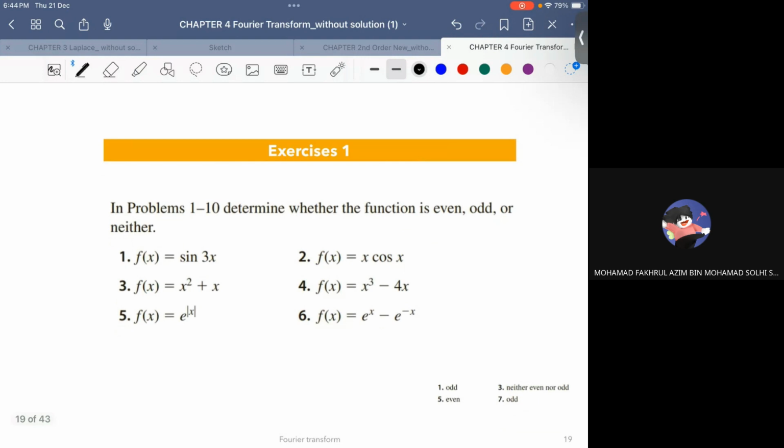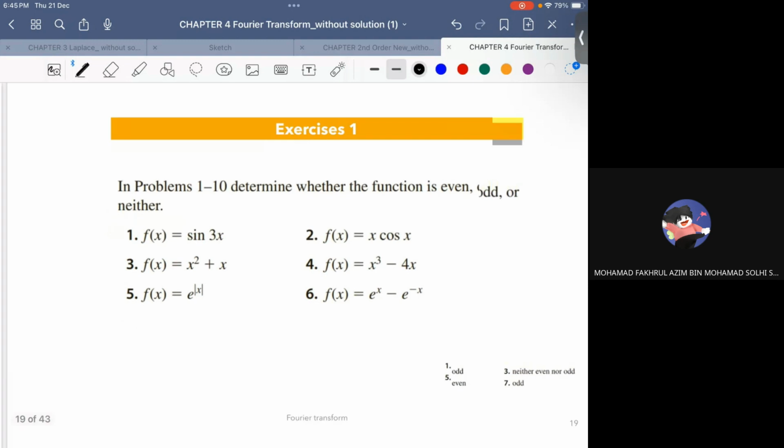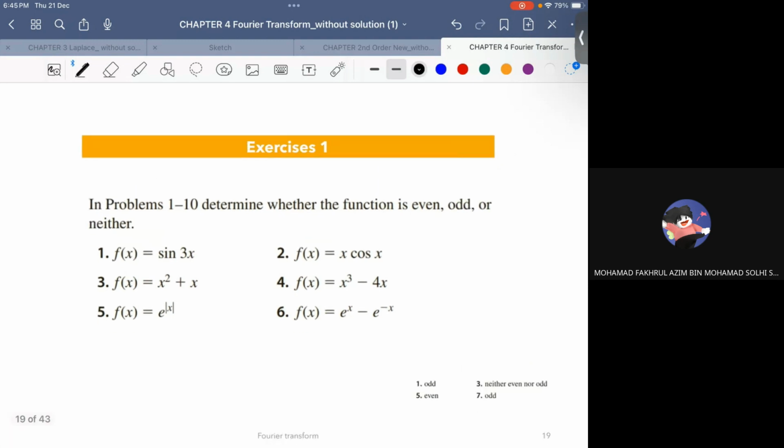All right, so this is the exercise in problems 1 to 10. Determine whether the function is even, odd, or neither. So the first one you can determine. This one, sine is always an odd function. Number 2, x multiplied by cos.